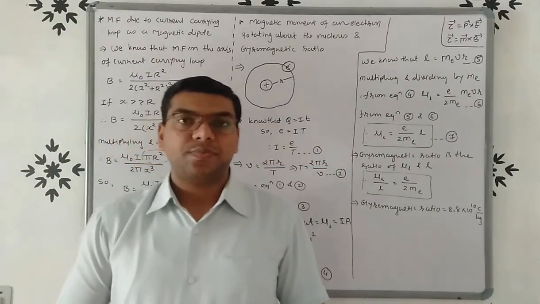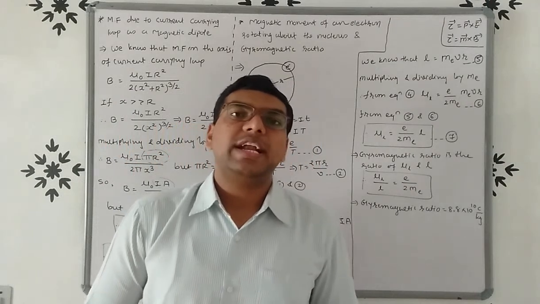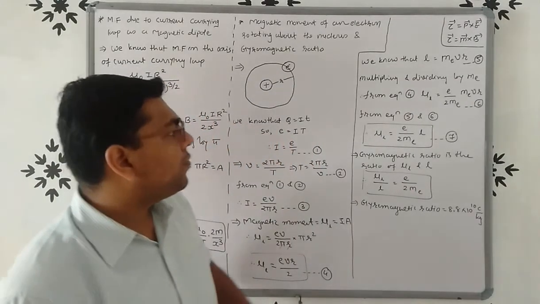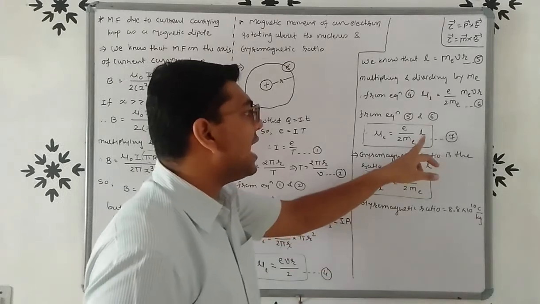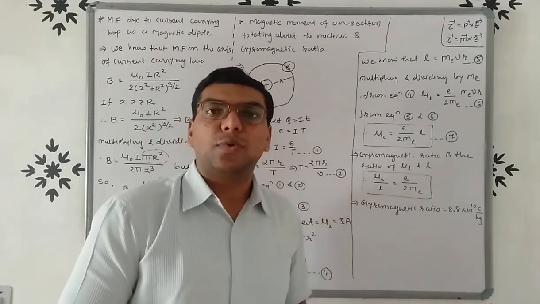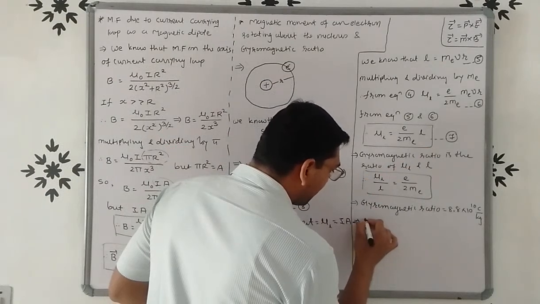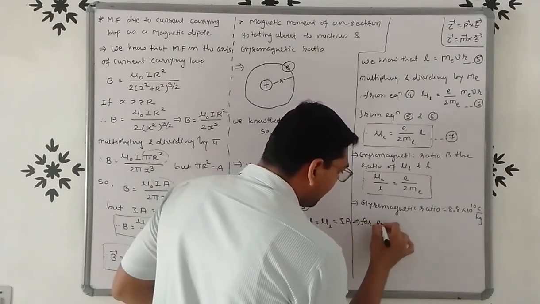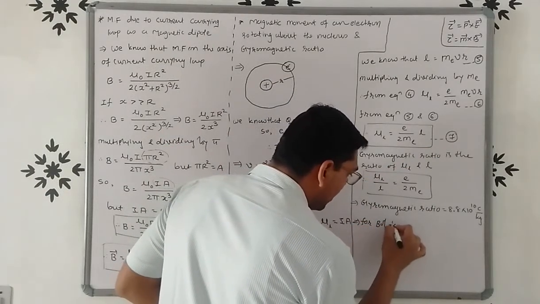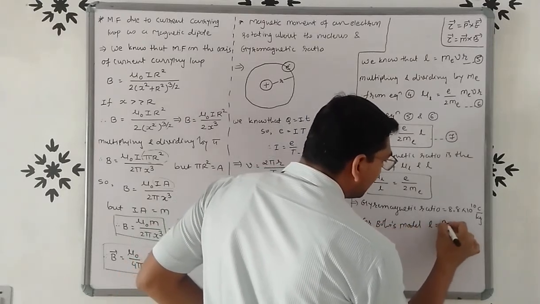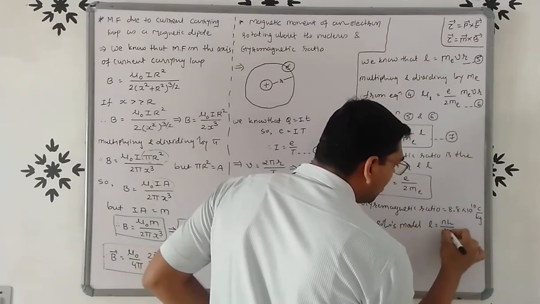Now friends, you already know about Bohr's model, and we know that for Bohr's model L is equal to nh upon 2π, right? So for Bohr's model L is equal to nh upon 2π.